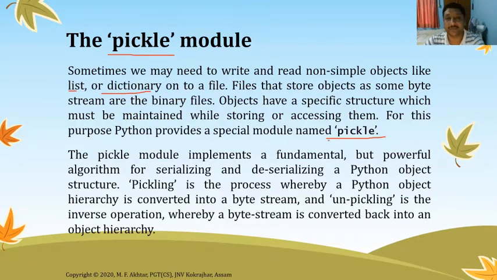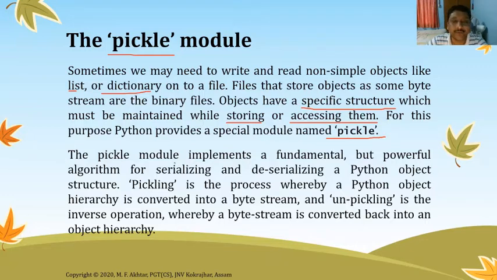These are known as objects also, and they have a special structure which must be maintained while storing and accessing them. For this purpose, Python provides a special module named pickle.